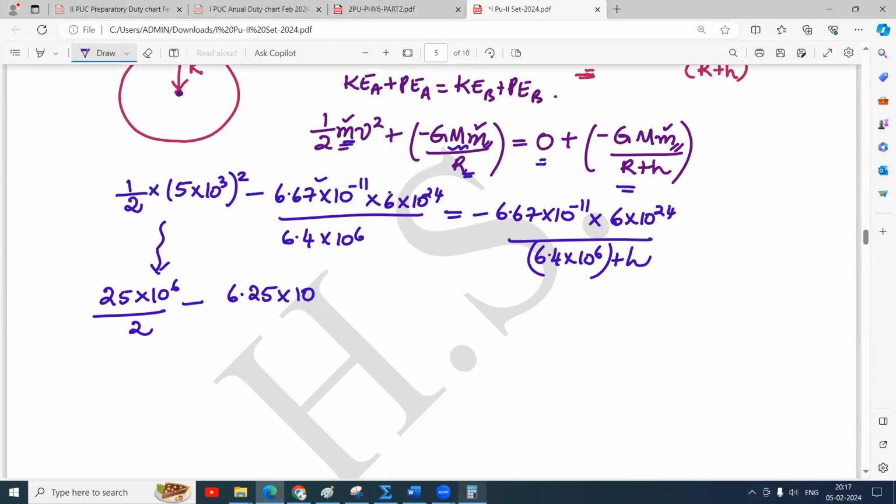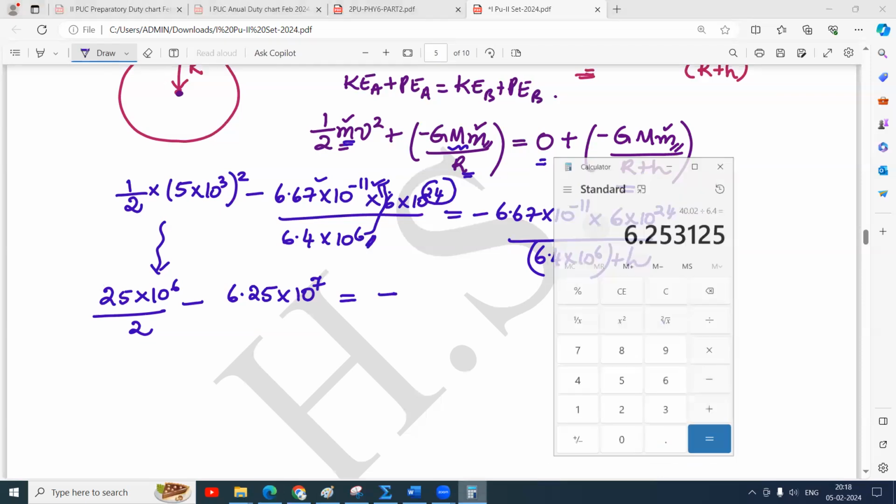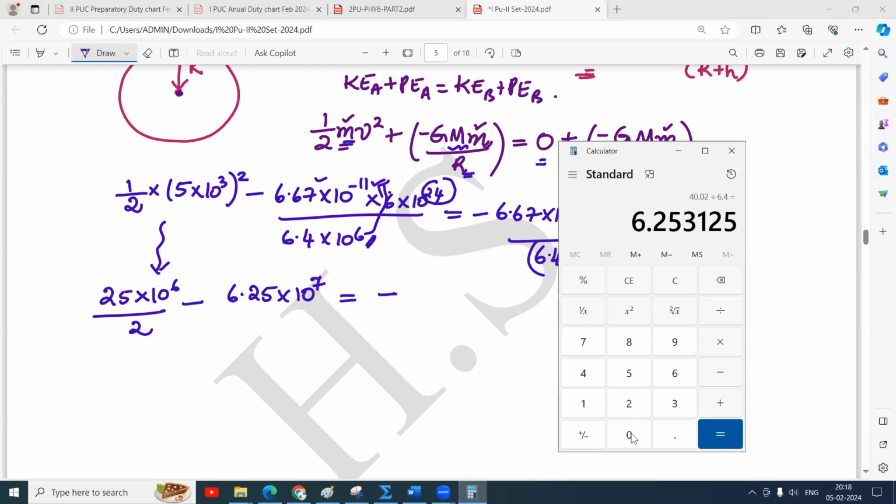So the answer is 6.25 into 10 to the power, and for the numerator, 10 to the power 7, minus 17 and 24, is 10 to the power 7. Again here, minus 6.67 into 6, that we got earlier. We could have written it earlier only.